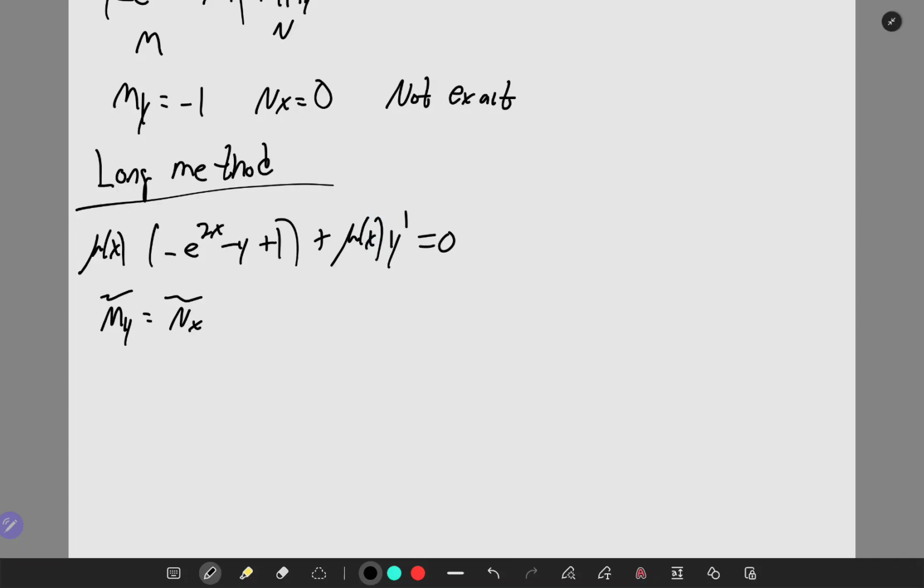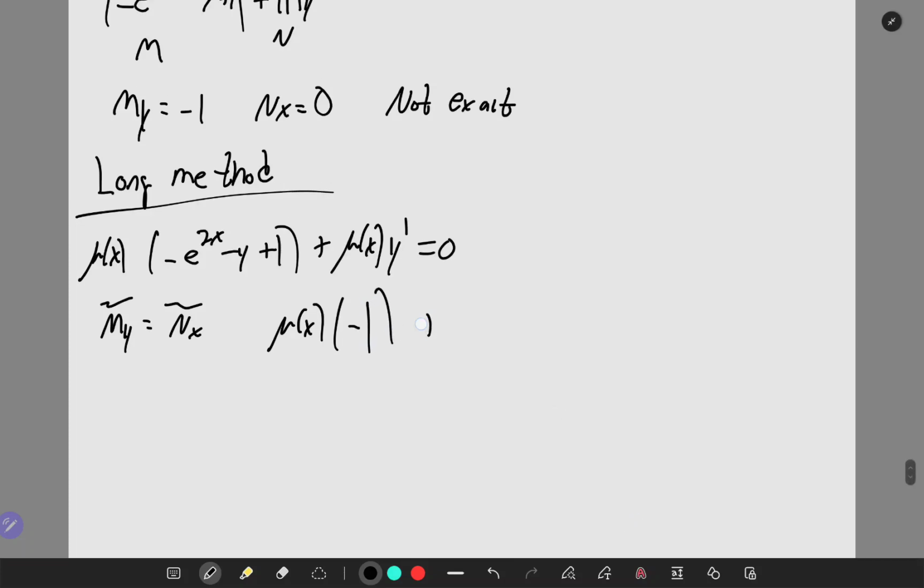Actually, we don't even need to do the product rule for this one. This one's easier than the last example in the last video. So we have m of y is equal to n of x. Well, mu just stays out front, because it becomes a constant. This will become 0 minus 1 plus 0 is equal to n of x. That's just going to be mu prime of x.